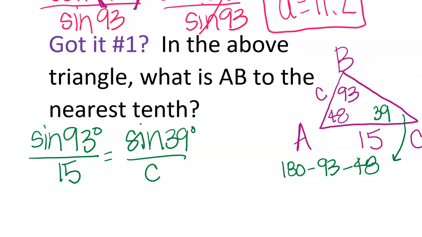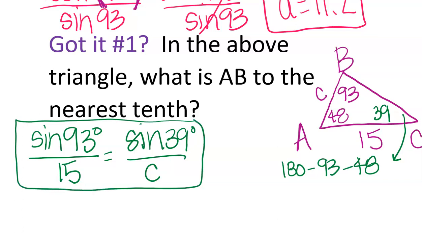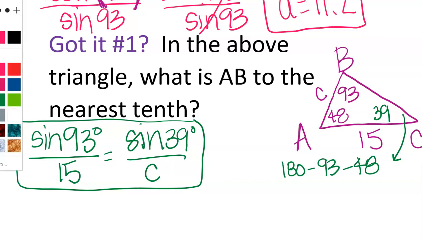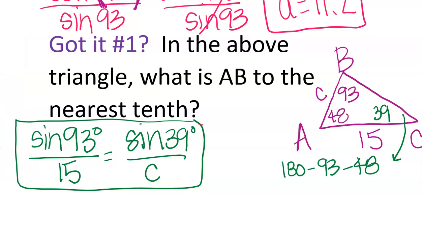Now, the last one, I showed my work to get the answer. This time, I just want to see if you can plug it in yourself, because you don't have to show anything in between unless you need to. So I look for the cross product where I know both parts.